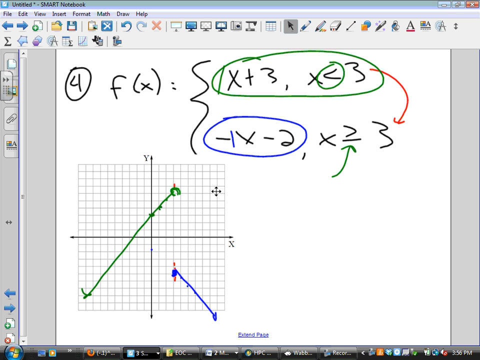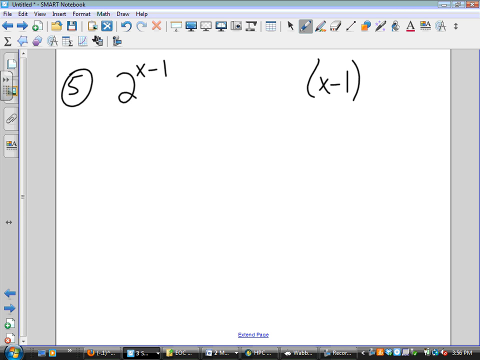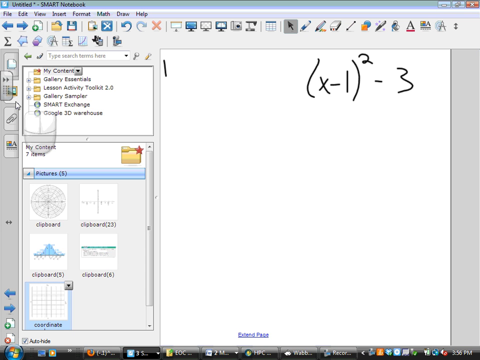Okay, last problem, number 5. We are going to graph these two things: 2 to the x minus 1 power, and then we're also going to graph x minus 1 squared minus 3. Let me throw some graphs up here.